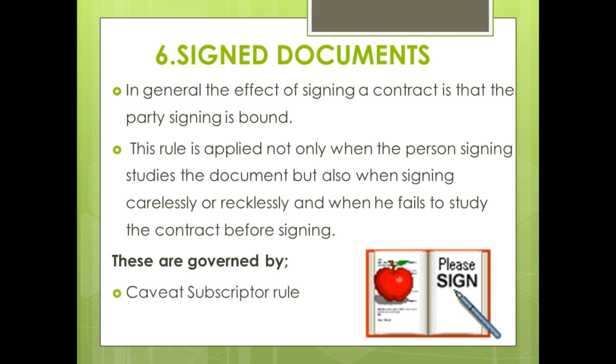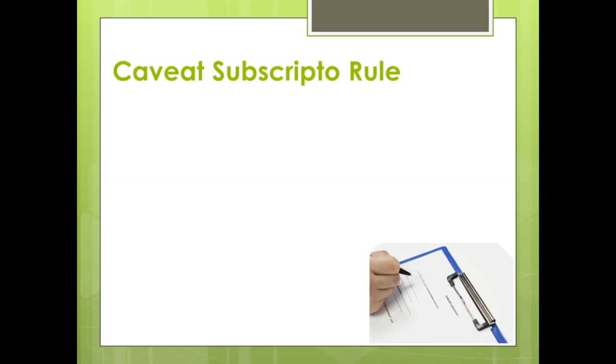So these are governed by the caveat subscripto rule and also the quasi-mutual assent rule. Those are the principles which govern signed documents. Firstly, we are going to look at the caveat subscripto rule.